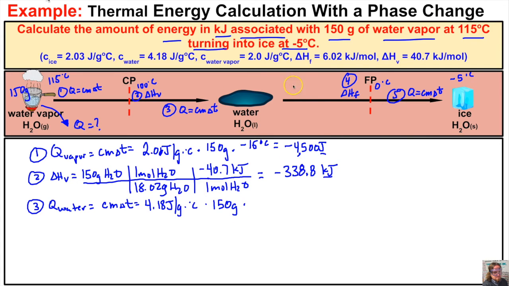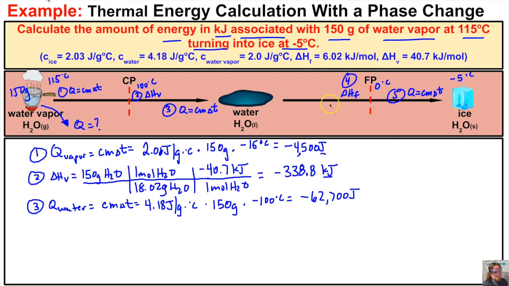The temperature is going from 100 to 0, so we take the final temperature 0 minus the starting temperature, which is 100, and we end up with negative 100 degrees Celsius. And so we'll put this in our calculator, 4.18 times 150 times negative 100, and we will end up with negative 62,700.